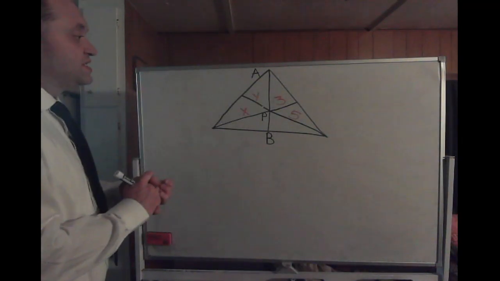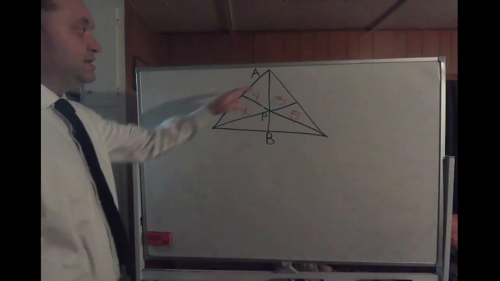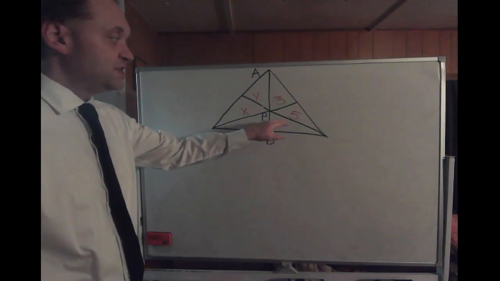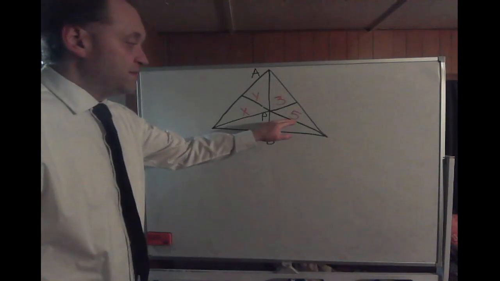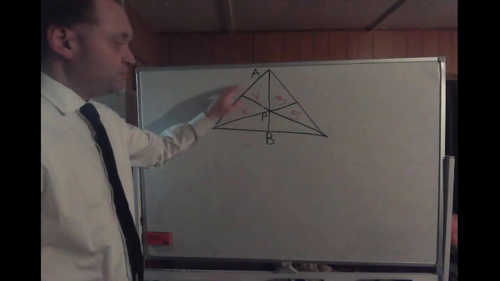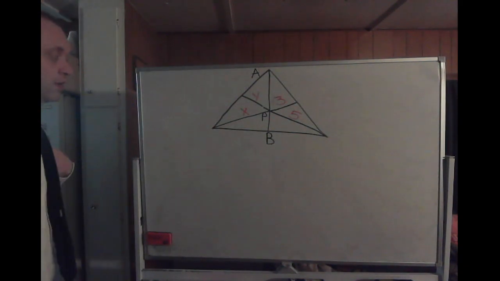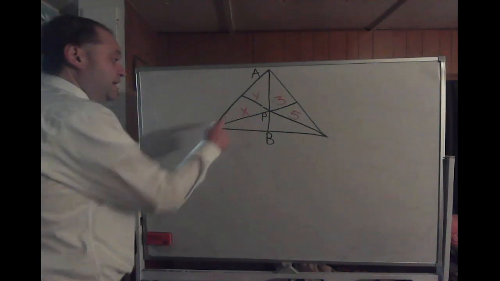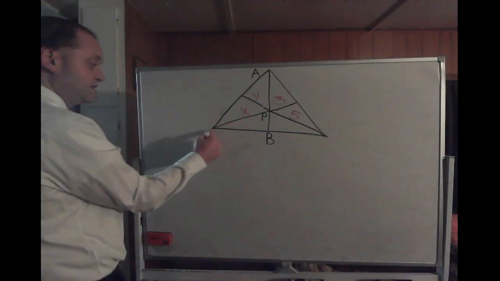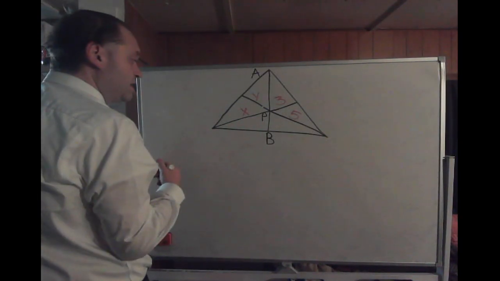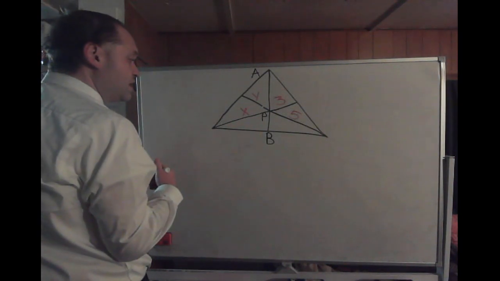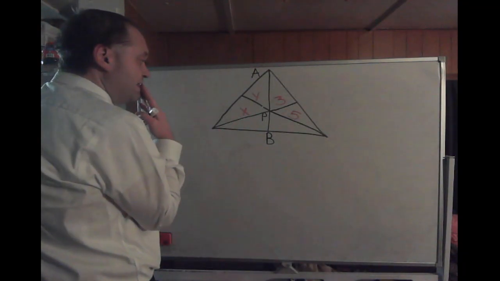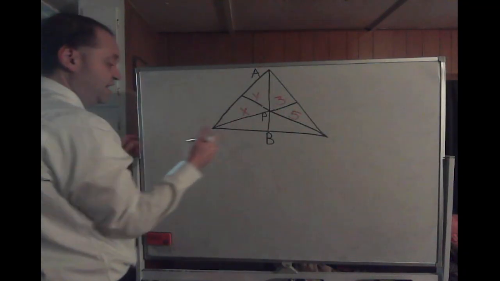So remember this theorem here. We have the medians of a triangle meet at a point that is 2/3 the distance from the vertex to the midpoint of the opposite side. Well, let's solve for X, okay? From P to this vertex is X, and then from P to the midpoint of this side is 3.